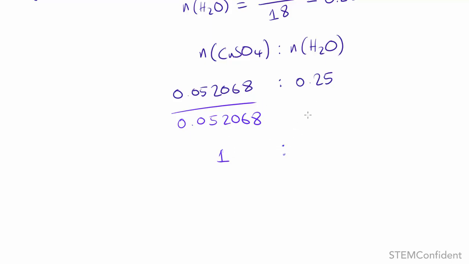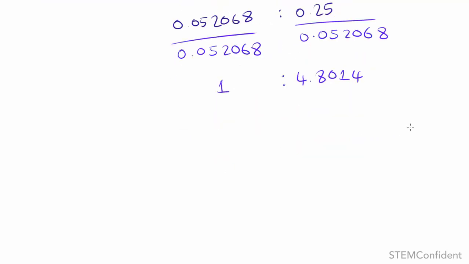On the other side, we also have to divide by the same value, because it's a ratio. What you do on this side, you also have to do on that side, similar to what you do on either side of an equation, right? So I have to divide that by 0.052068 as well, which gives you 4.8014, right?